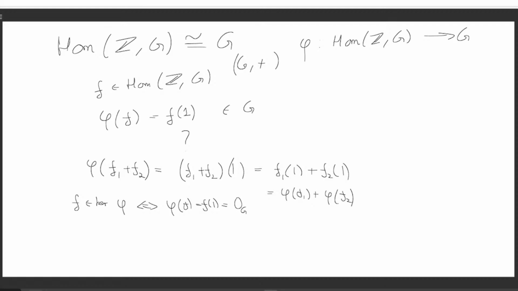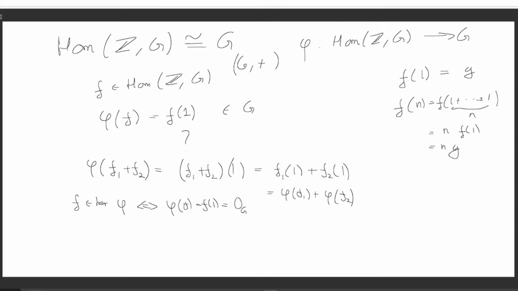But if f of 1 is 0, what is f of n? The point is, once you determine, as we noted before, that f of 1 is equal to some g, then f of n, which is f of 1 plus etc. 1, n times in Z, is equal to n times f of 1, which is n times g in G. That is the point.